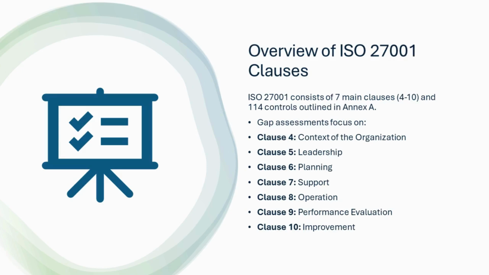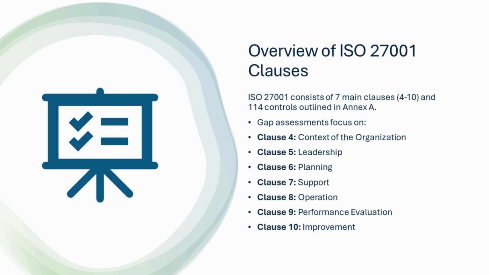Okay, now let's talk about the core of ISO 27001. It's built around 7 main clauses, which form the foundation of your information security management system, or ISMS in short. Here's what they cover. Clause 4, understanding the context of your organization. Clause 5, leadership roles in driving security.